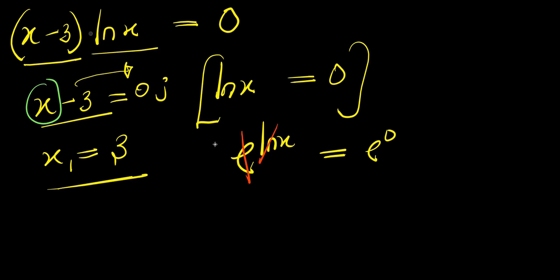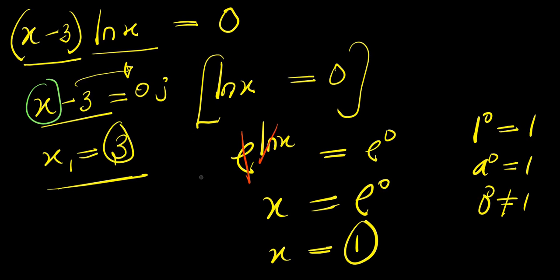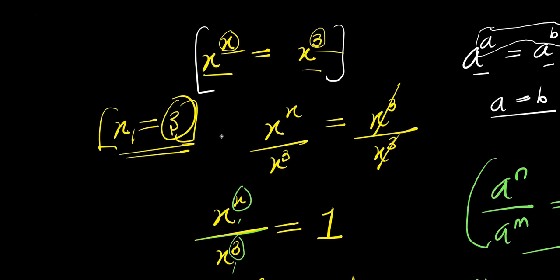So what you have left is just x, and this equals e power 0. And from here, remember, any number or alphabet raised to the power of 0, with the exception of 0 itself, is 1. So x here is 1. So we have two values, 3 and 1.